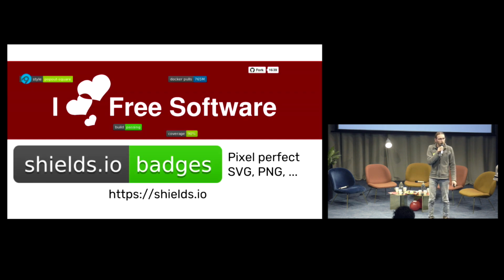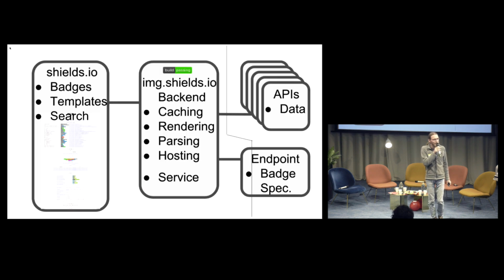Yeah, shields.io and how they advertise themselves, they're pixel perfect. You can get SVG images, PNG images, and if you haven't embedded them into your README, maybe you want to do it now. So you can go to shields.io. And about the architecture, this is what I like much about. When you first go to shields.io, you can see the website on the left. There are a lot of badges.